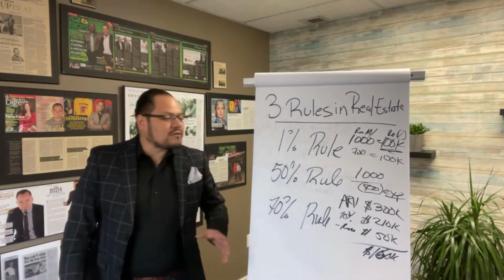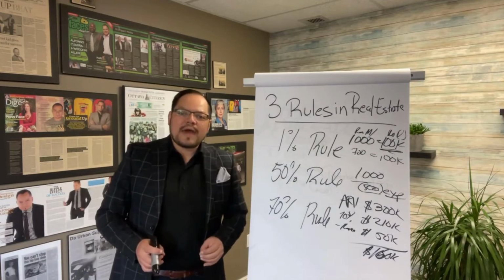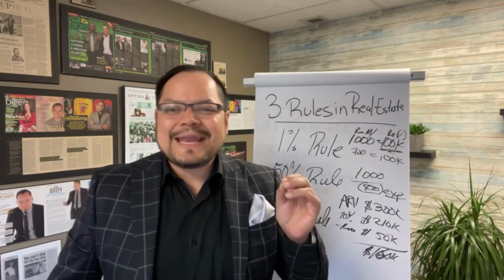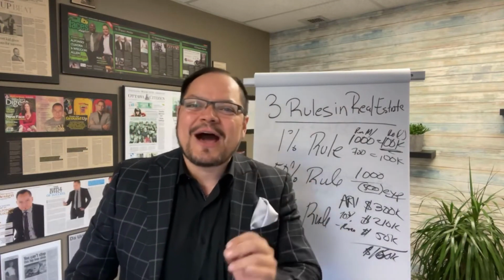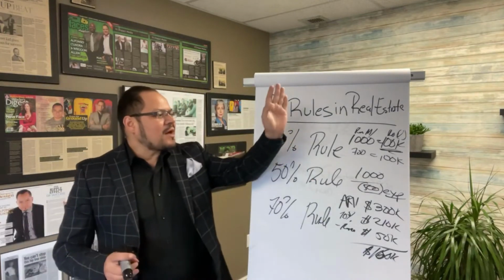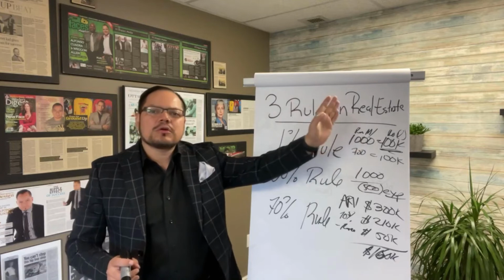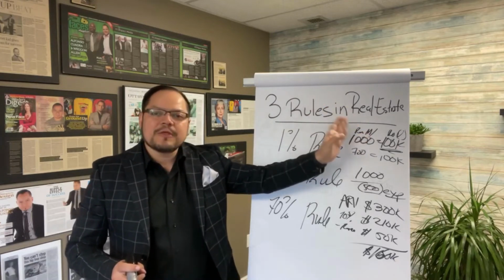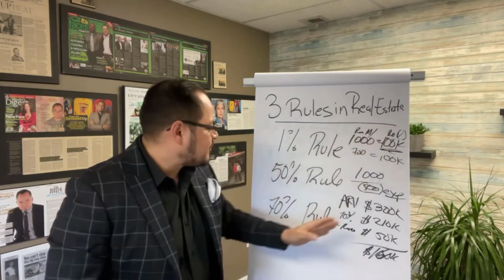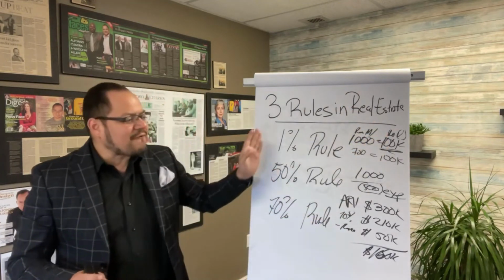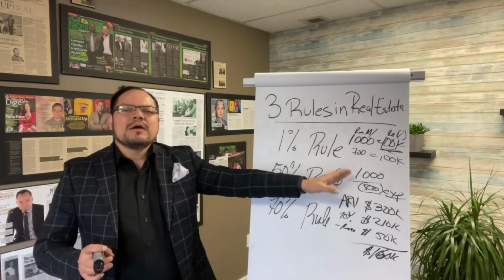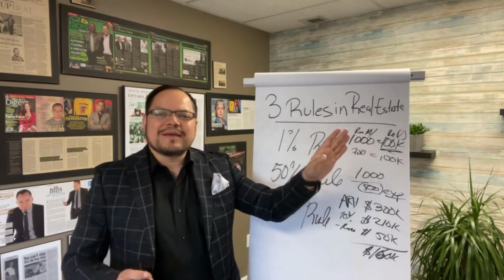So these are just general rules that help you navigate through multiple different properties to give you an idea on how to identify a deal. The first one is the 1% rule that says for every $1,000 in monthly rental income, it should equate to $100,000 in real estate value. The 50% rule says that for every $1,000 of rental income, half of that income should go towards expenses.